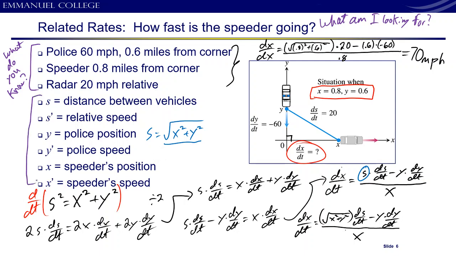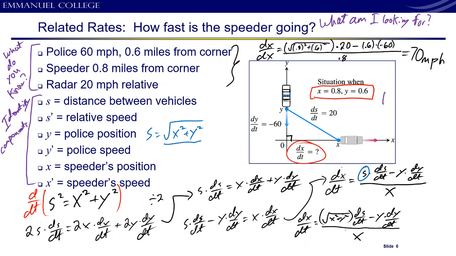Then we had to identify what I will call our components. We had the distance between the vehicles, the relative speed, the police position, the police speed, and then the speeder's position and the speeder's speed.